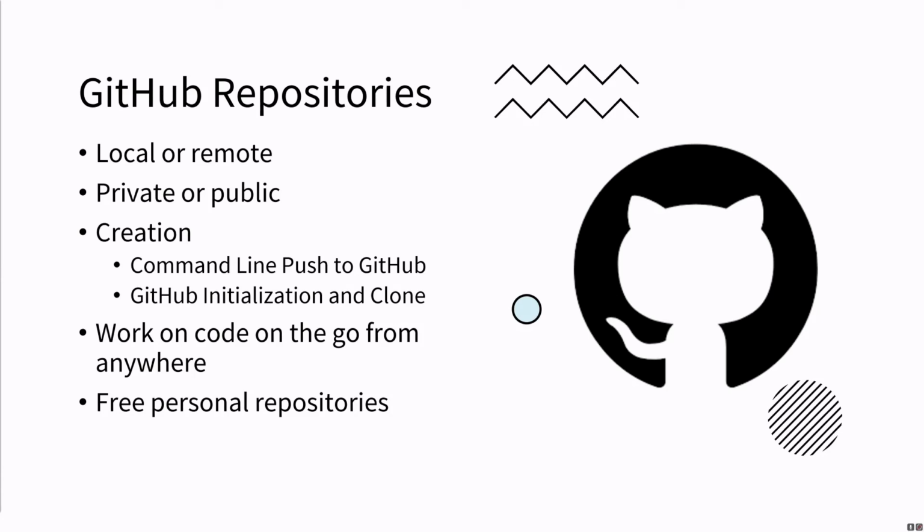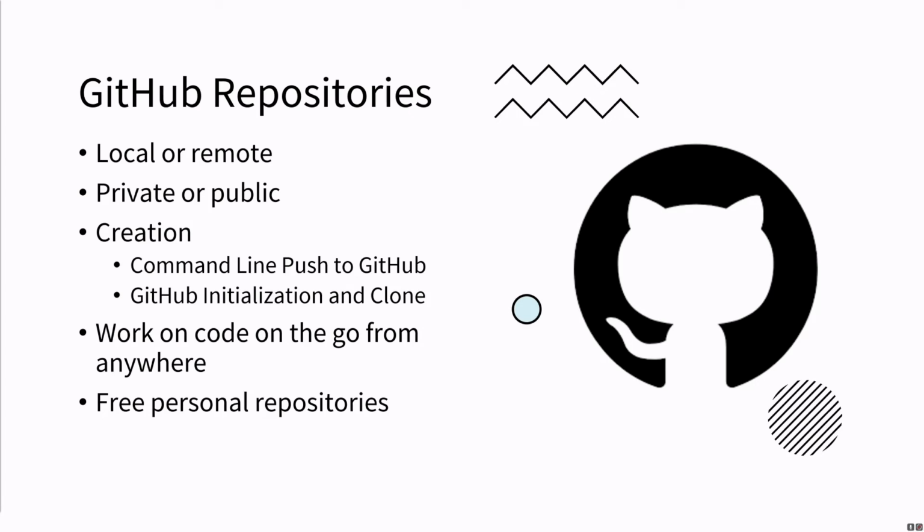And again, we can create these at the command line and push to GitHub, or we can use GitHub to initialize and clone the initial repository. Using GitHub repositories allows you to work on code on the go from anywhere, as long as you have the necessary tools on the machine that you're working on.